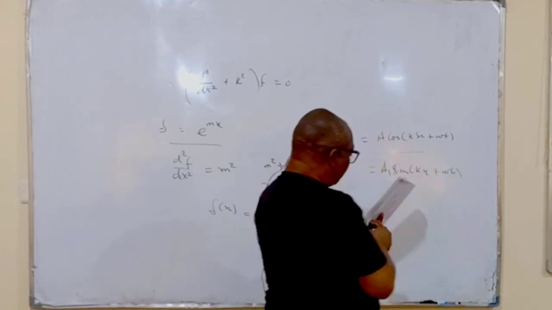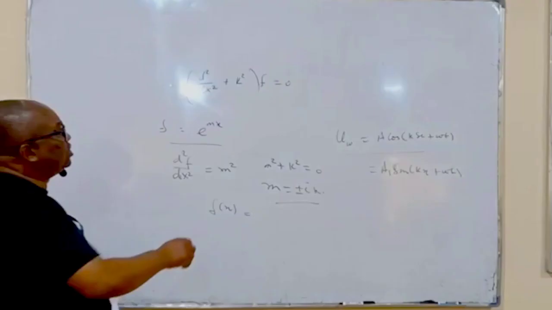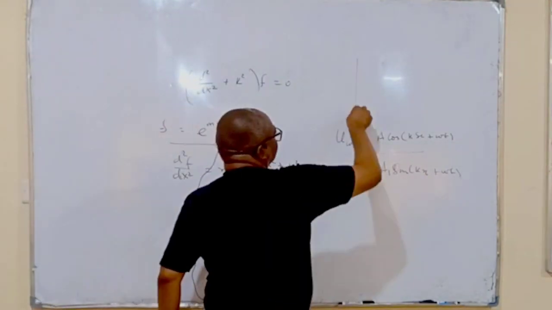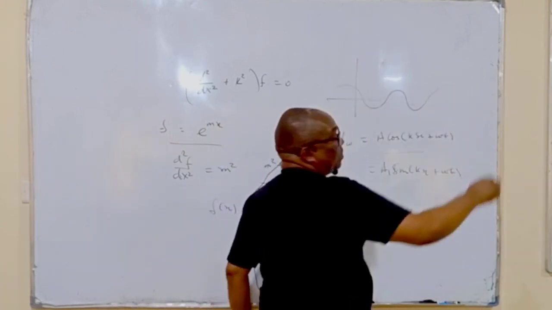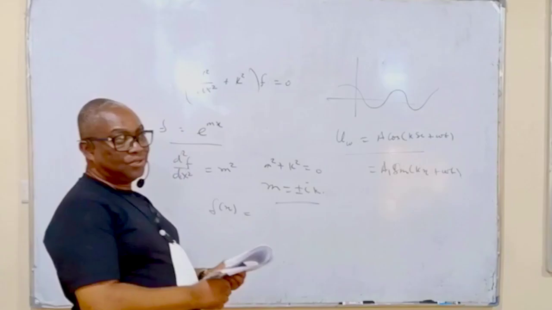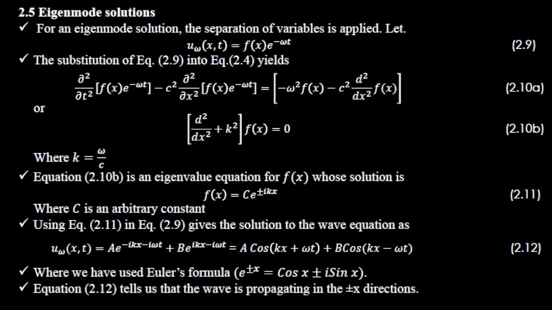These are functions. You can plot them and you will see they generate a wave of this form, where you can now begin to talk about the situation. So that's exactly how the first one-dimensional wave equation looks.